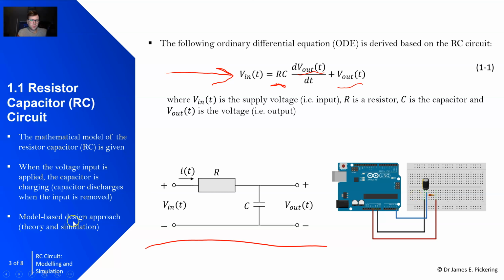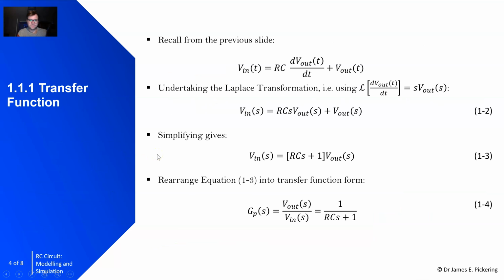So we're going to take a model-based design approach. So we're going to look at the theory and also the simulation. If you recall from the previous slide, we had this first order ordinary differential equation. And what we're going to undertake is the Laplace transformation.